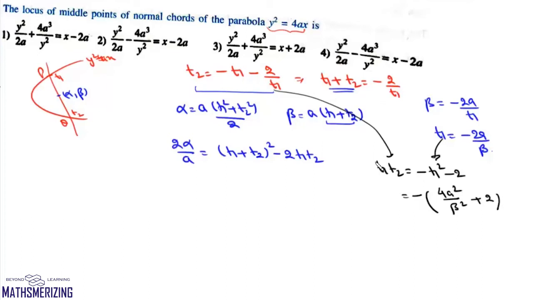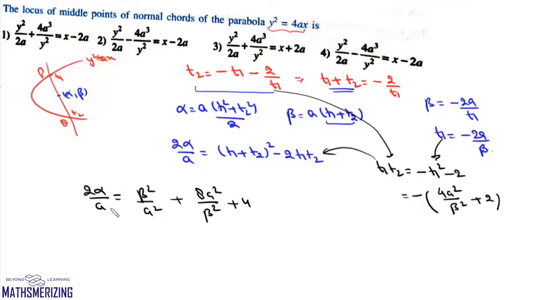Now we eliminate t1 and t2. 2 alpha upon a is (t1 plus t2) whole square, which is simply (beta upon a) whole square, so beta square upon a square, then minus 2 t1 t2. Minus 2 t1 t2 gives minus times minus, which is plus, so 2 times 4a square upon beta square plus 2, that is 8a square upon beta square plus 4.